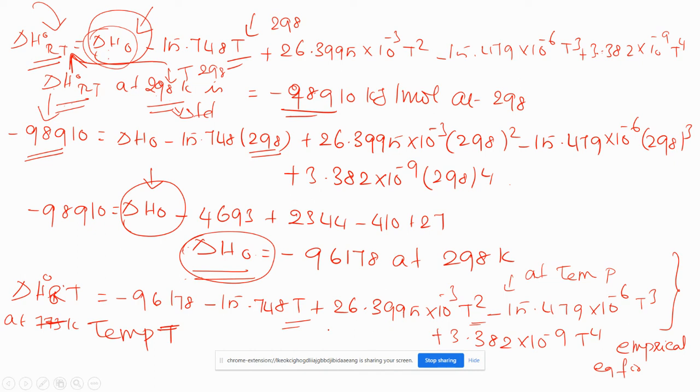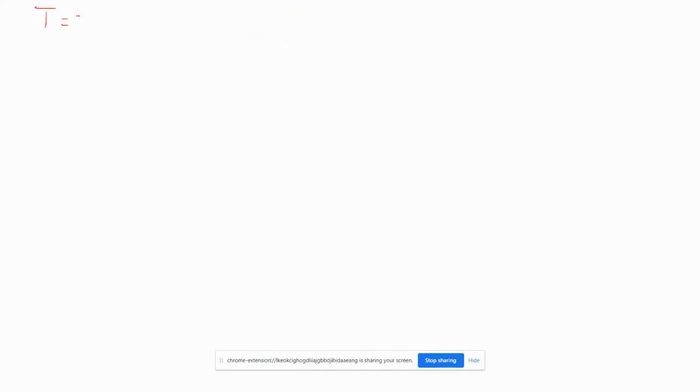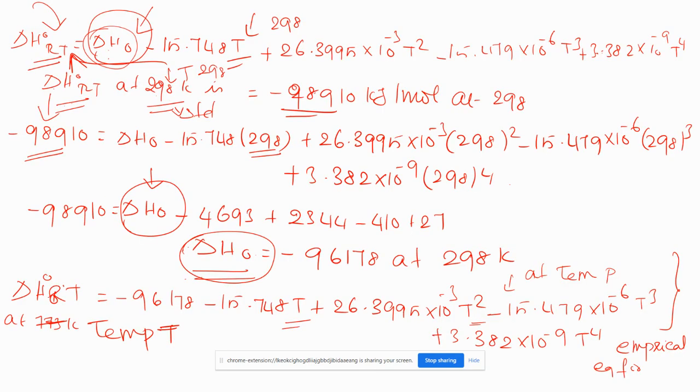But in this problem they have asked for temperature equal to 773 Kelvin. So for this T, substitute 773 Kelvin in the above equation and you will get a value for del H0 RT.